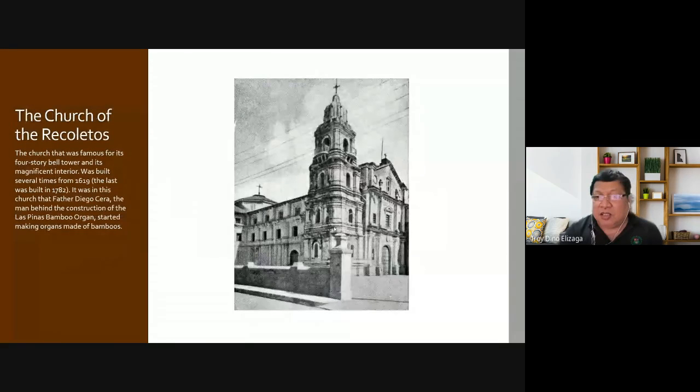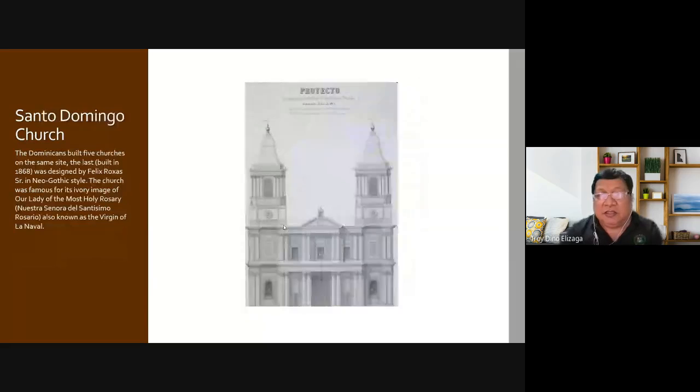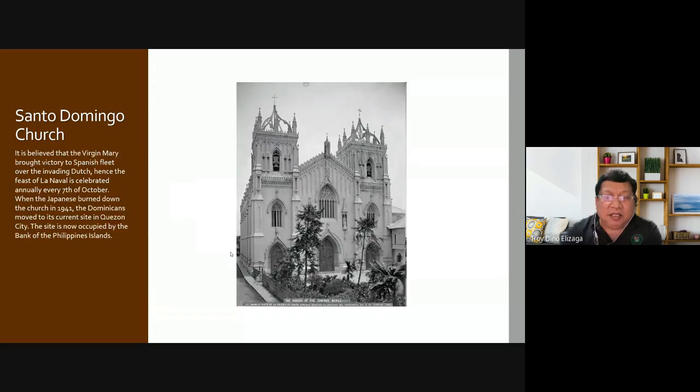For the Church of the Recoletos, I think they're trying to make a replica, but only of the facade. So it's weird. Santo Domingo is no longer existing in Intramuros, but it is existing somewhere else. I think this is how it looked in Intramuros, or this is now the other version. It's very Gothic inspired.